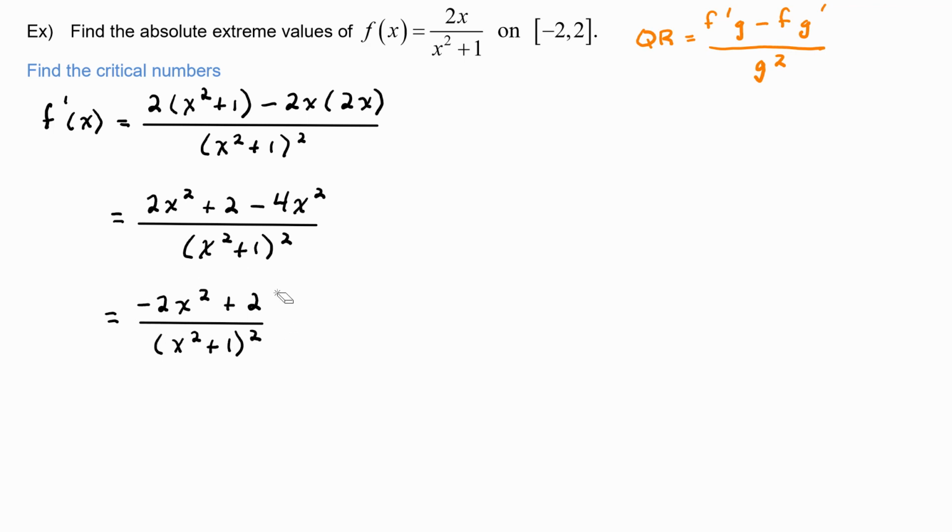Now we can factor out a negative 2 from this numerator. So we have negative 2 times the quantity x squared minus 1, and that's over the quantity x squared plus 1 squared in the denominator.